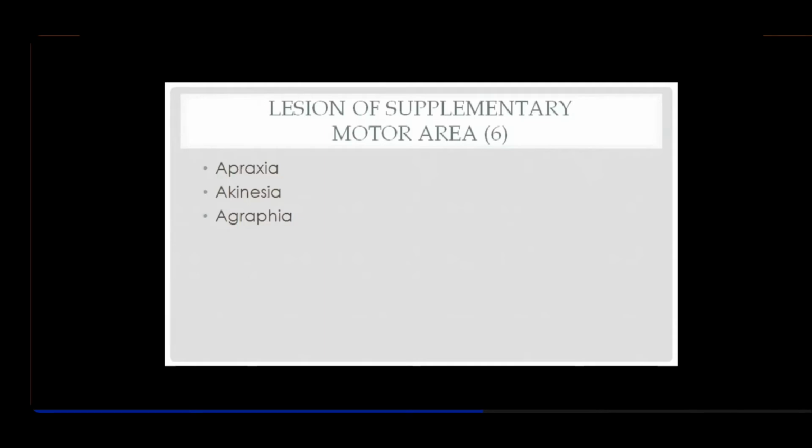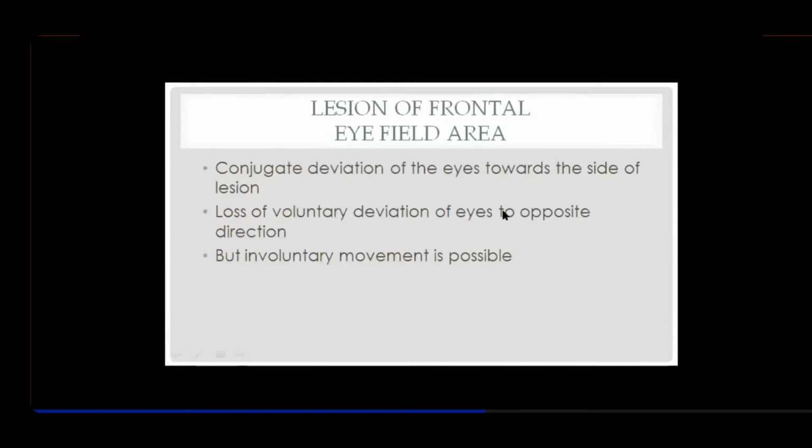What is agraphia? Agraphia is the inability of the writing skills. Whatever things you have already learned, you have learned the talent of writing, a beautiful writing, so it will all get distorted after having an injury of this area. That's called agraphia.